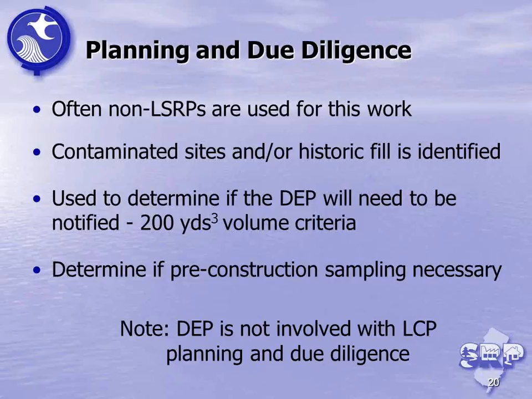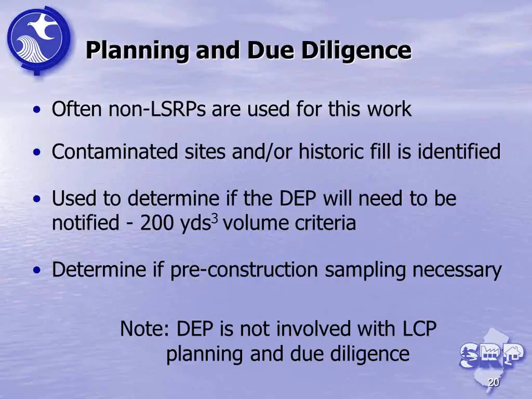If you think you do and you're going to have to fill out the LCP notification form, you do have to list potential and known contaminated sites on that form. So this is your first opportunity to address the 200 cubic yard trigger.